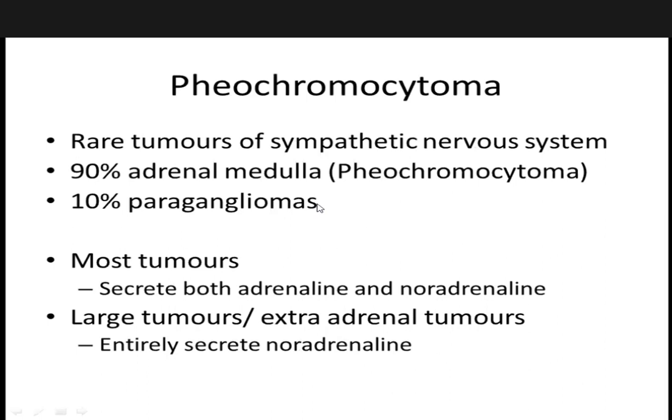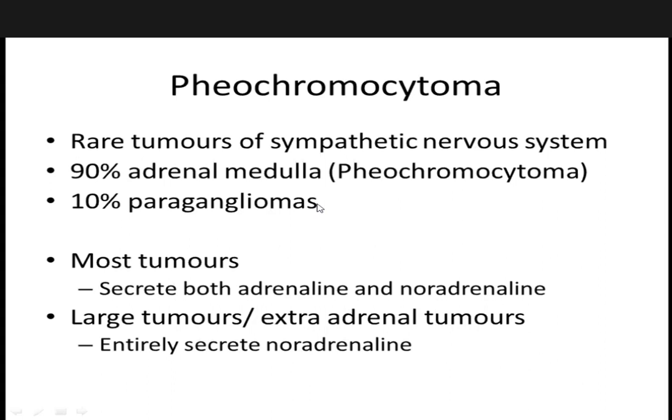Right. So then I will move on to the last endocrine disorder, the last adrenal disorder which I'm going to discuss today. The last one is pheochromocytoma. Right? So this is a rare tumor of the sympathetic nervous system.